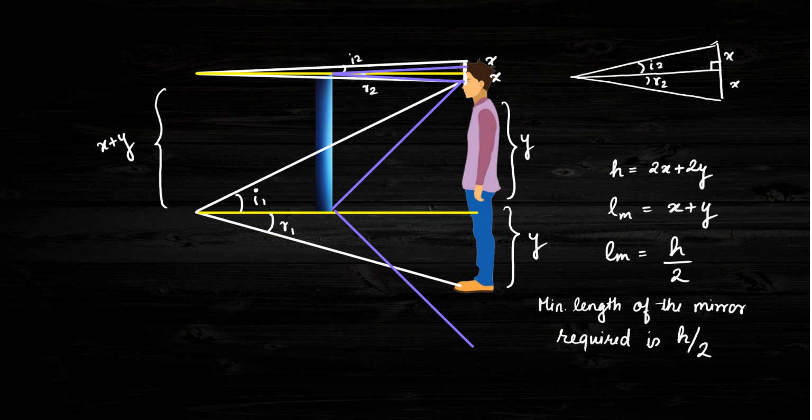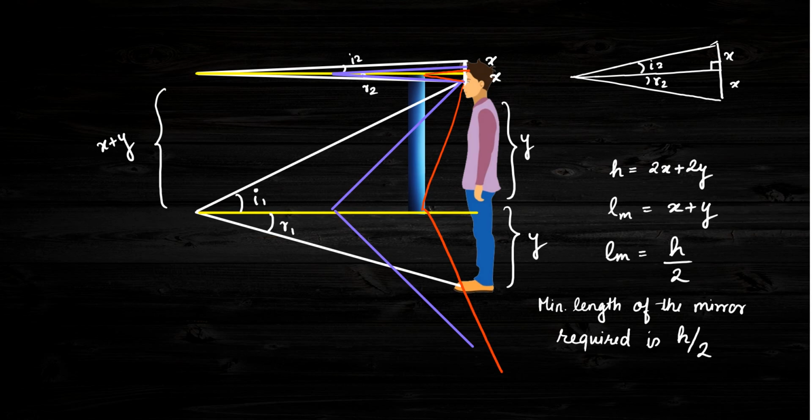If the mirror is even closer, let's say the mirror is over here, then in that case the ray that starts from the eye of the observer may go something like this, and the ray may go something like this.